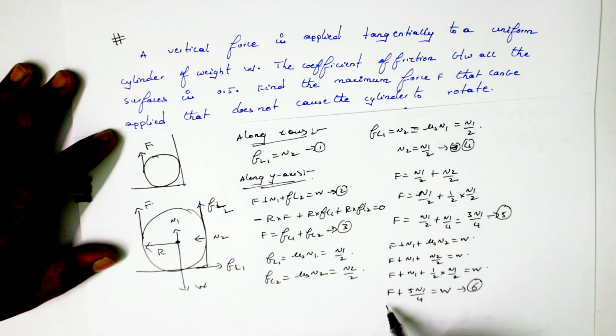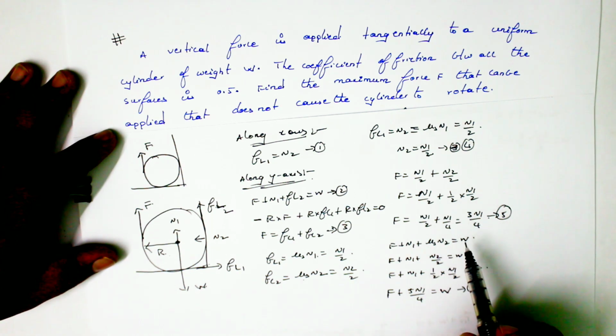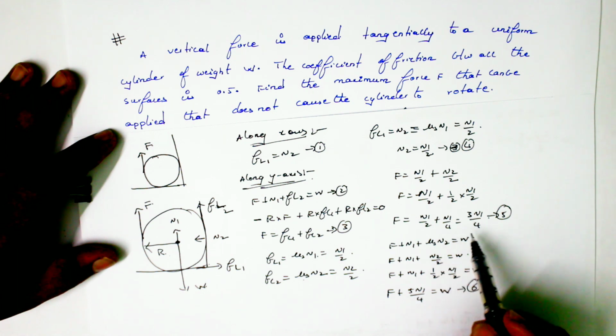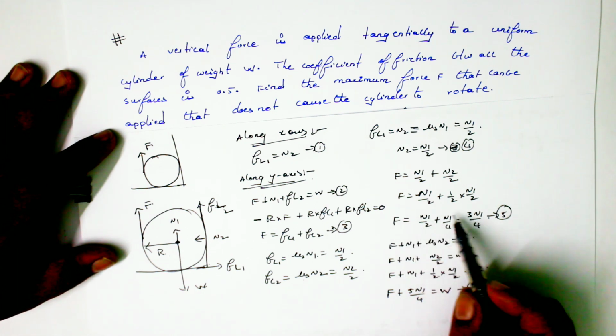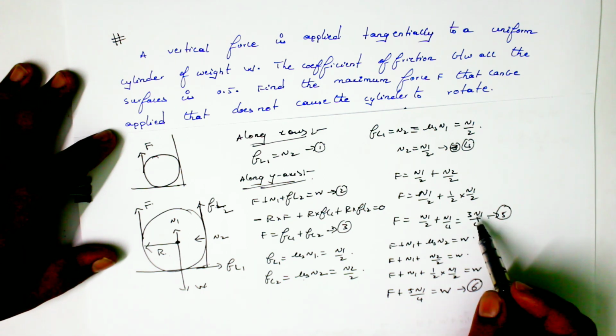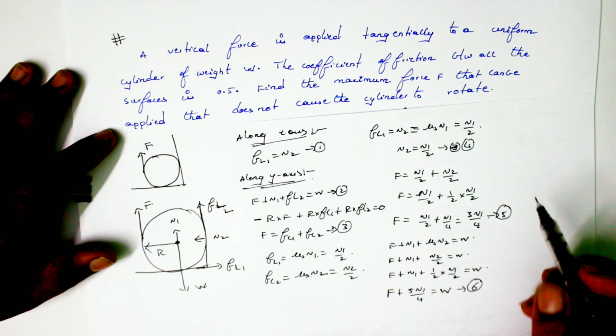So now I got the equations up to here. I want F in terms of W, but here N1 is the unknown quantity. So already we have derived the relation between F and N1, which is F is equal to 3N1 by 4. Therefore N1 is equal to 4F by 3. So here I will substitute that.